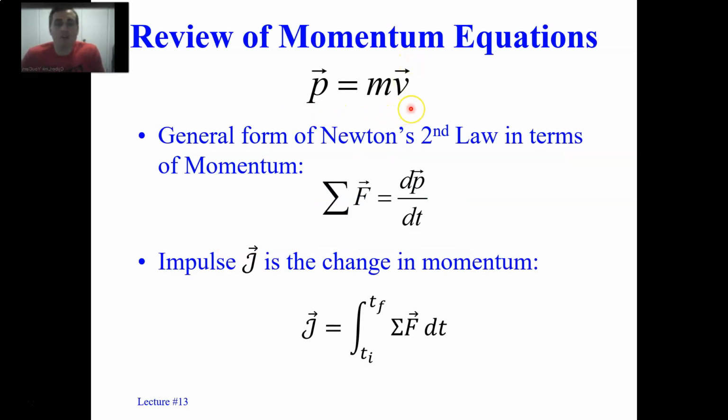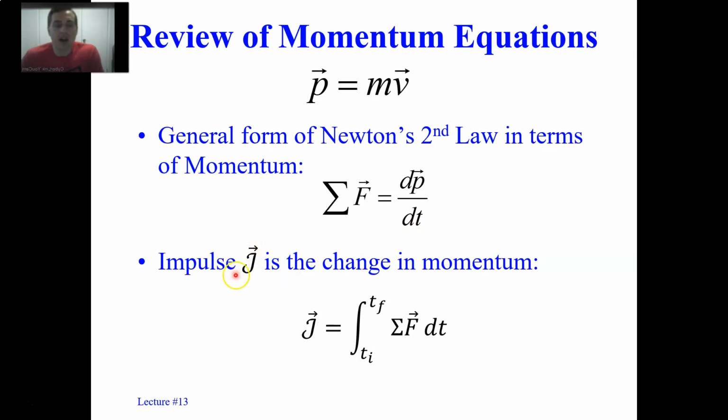All right. Thus far, I want to review the momentum equations that we'll be using in this set of slides, from a previous video. So p vector equals mv vector, and F vector equals dp vector dt.